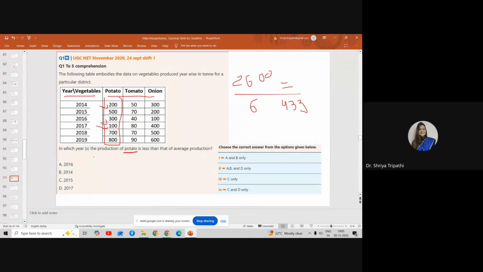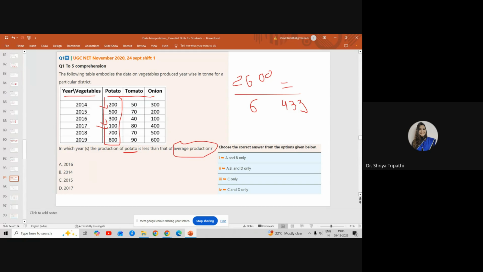Yes. In which year is the production of potato less than the average production? Here we are only talking about potato. So firstly, we have to focus on the average production. How will we calculate the average? We will add for all the years, right? So 200 plus 5 plus 3 plus 1 plus 7 plus 8.